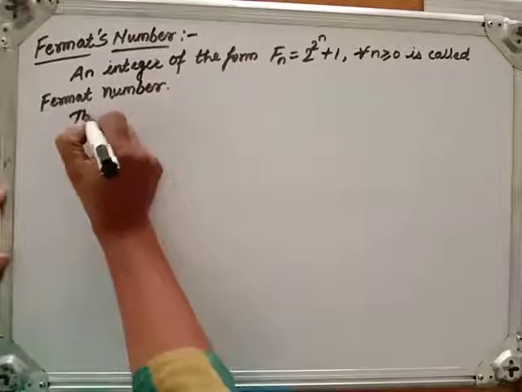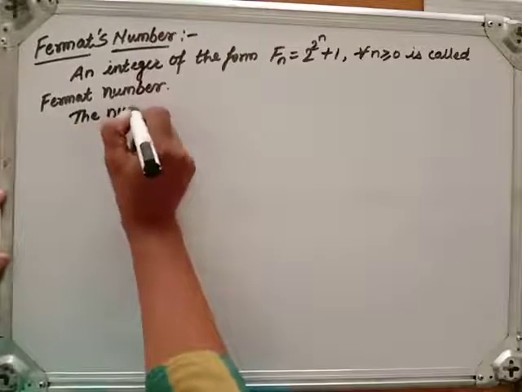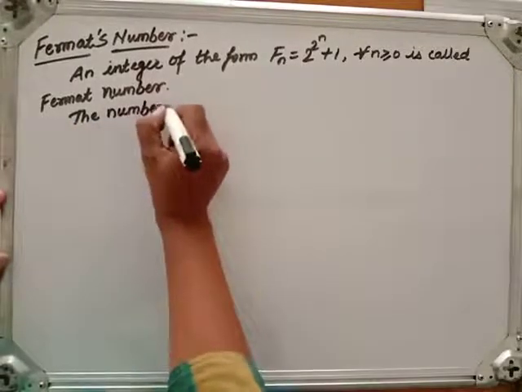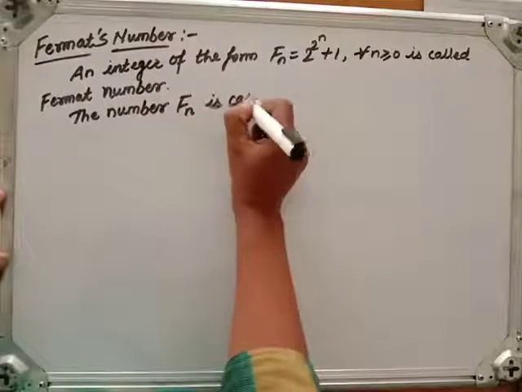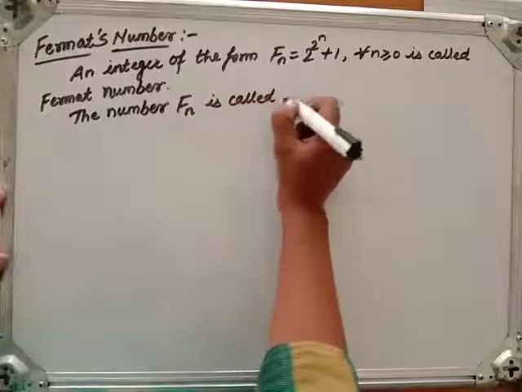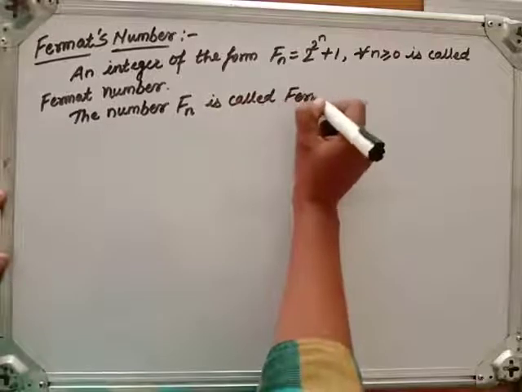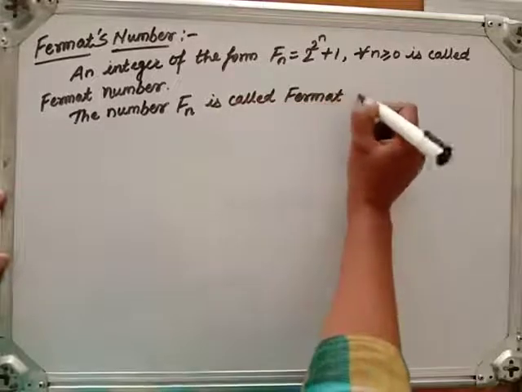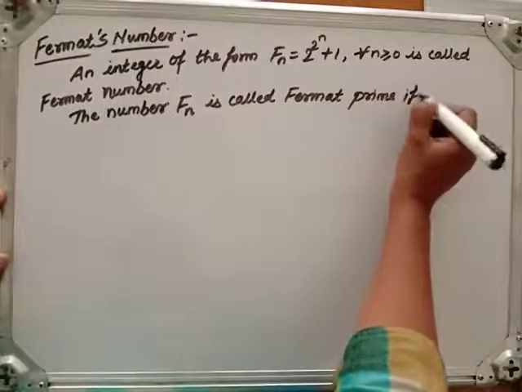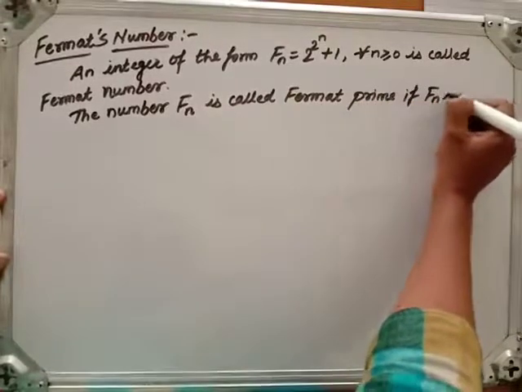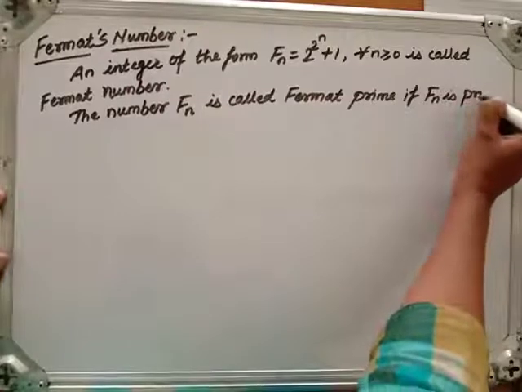The number Fn is called a Fermat prime if Fn is prime.